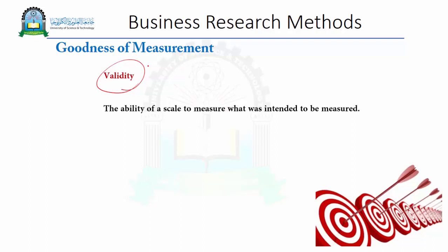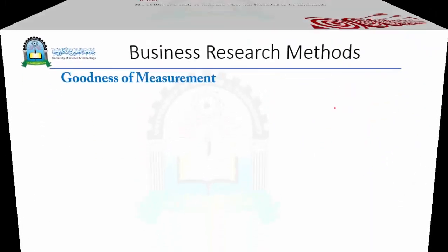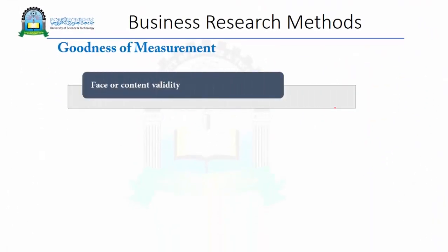The validity of the instrument is the ability of the scale to measure what was intended to be measured. So if I prepare the questionnaire, this questionnaire must measure the phenomena under investigation, or the research problem, or the variables under study, and nothing else. So we have different types of validity.